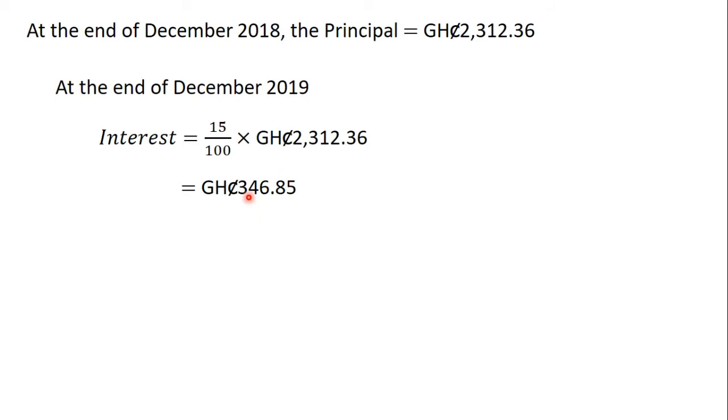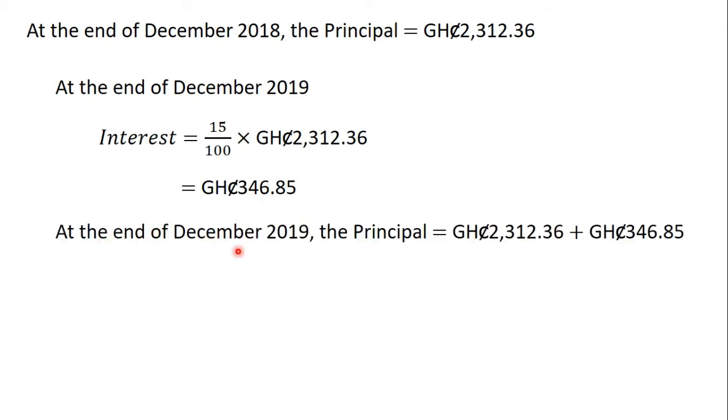This will give us 346 Ghana cedis, 85 pesewas. So at the end of the fourth year, that is at the end of December 2019, the interest on the principal is 346 Ghana cedis, 85 pesewas.